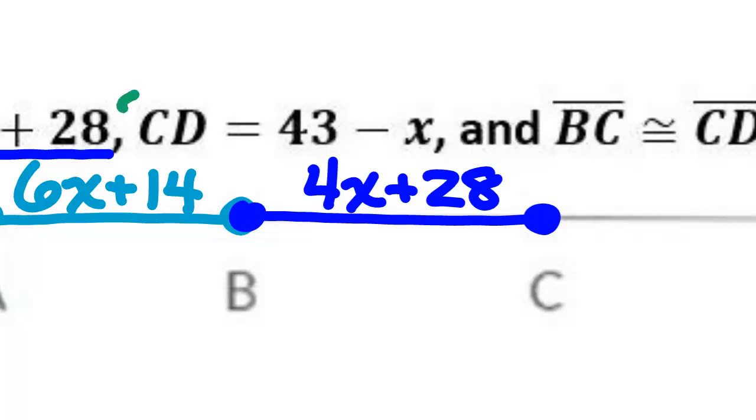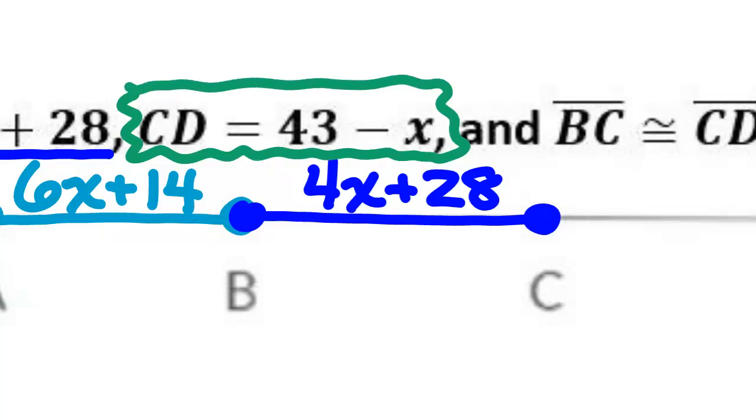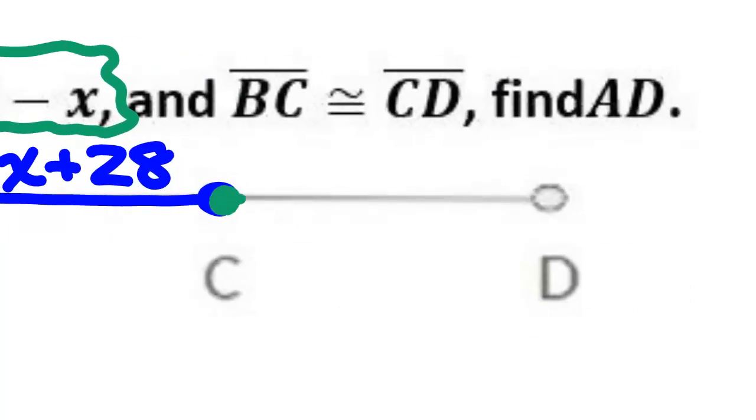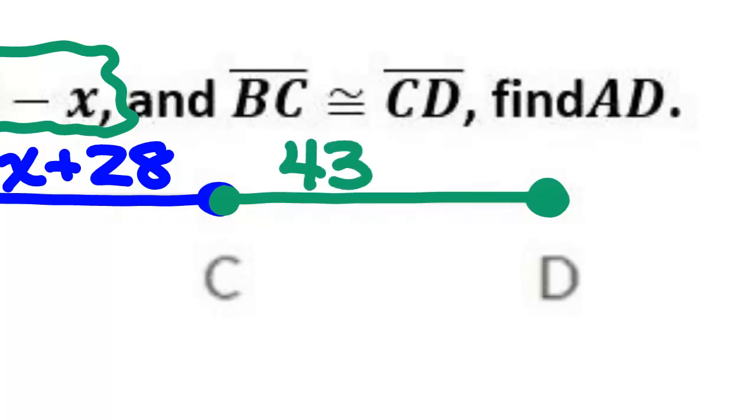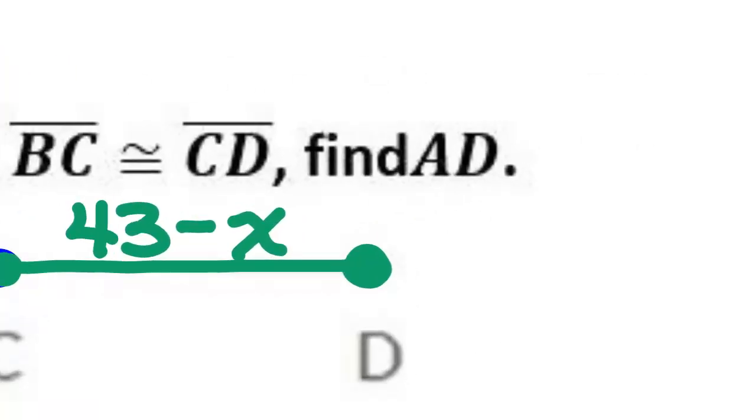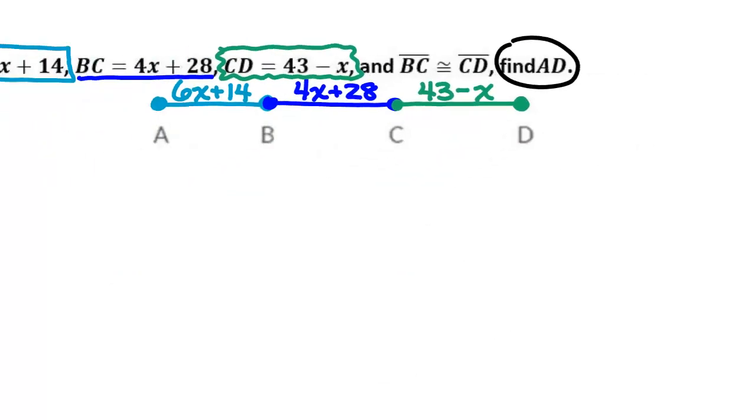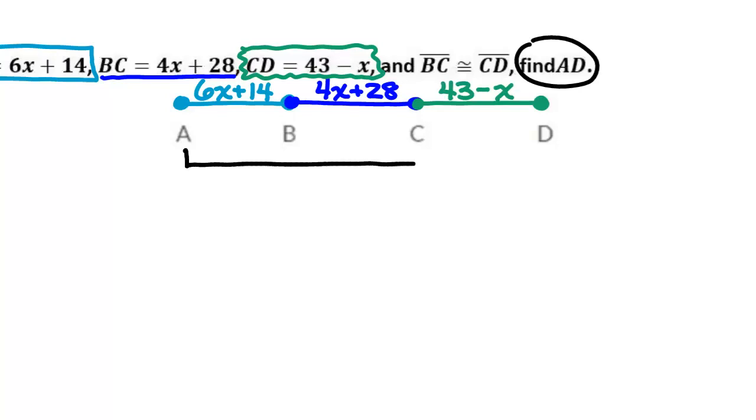And then from C over to D is 43 minus x. What do they want me to find here? They want me to find AD. That's this whole big thing here.